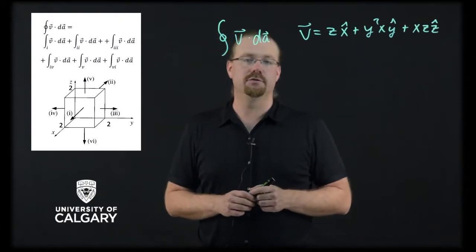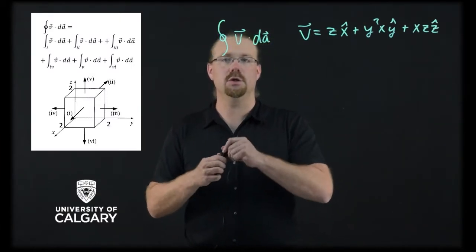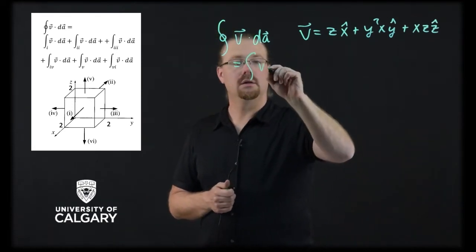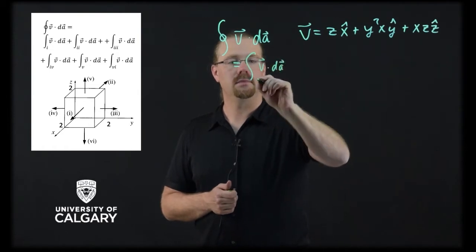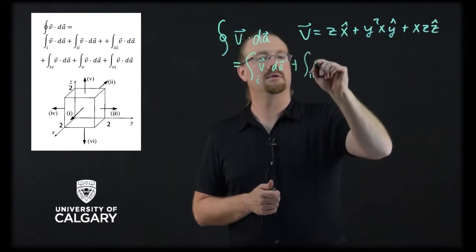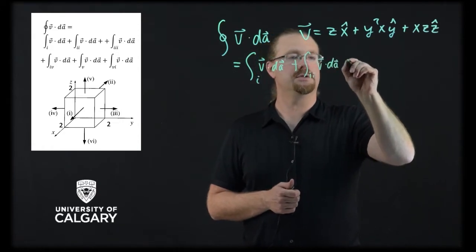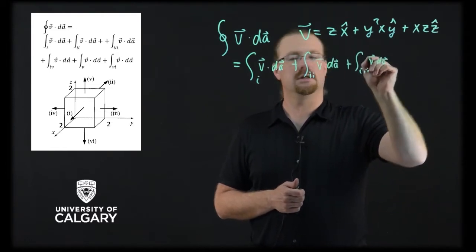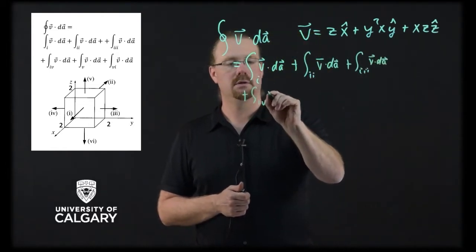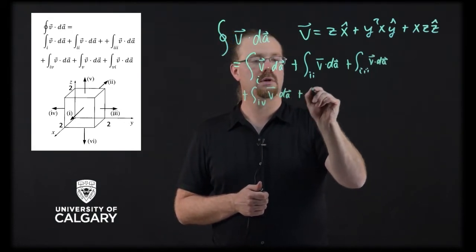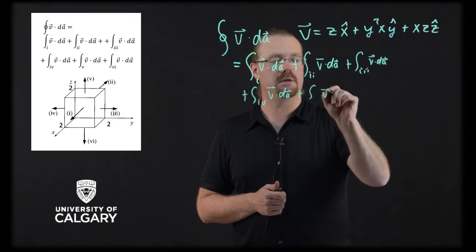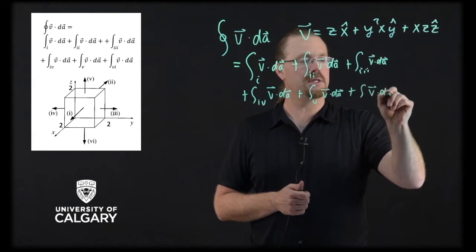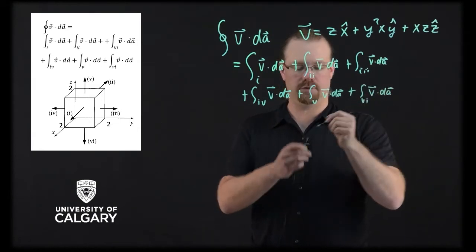We're going to break this volume integral into the 6 faces of the cube. So that's going to wind up being the integral of v dot dA on surface 1 plus v dot dA on surface 2 plus v dot dA on surface 3 plus v dot dA on surface 4 plus v dot dA on surface 5 plus v dot dA on surface 6.